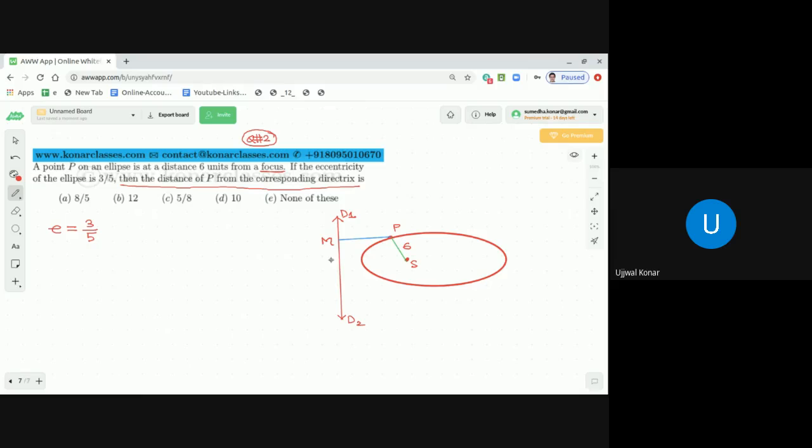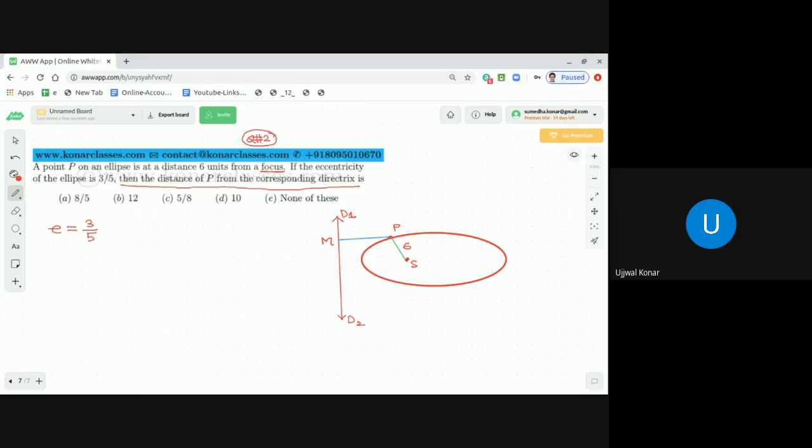Exactly, this is the question. Or in other words, whatever you see in that blue line segment, that is PM. That value we need to find. And when I placed this question in front of you, I said that with this question, how basic you understood is actually being tested here.